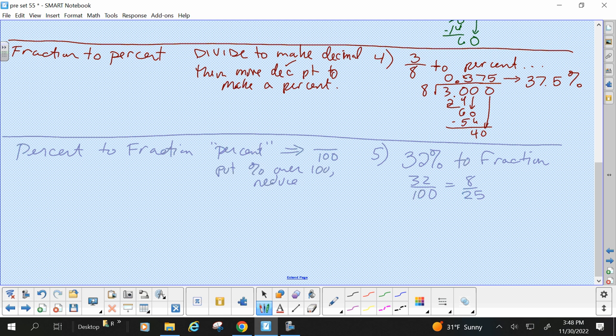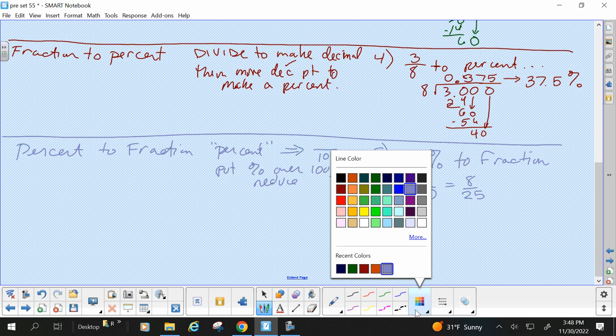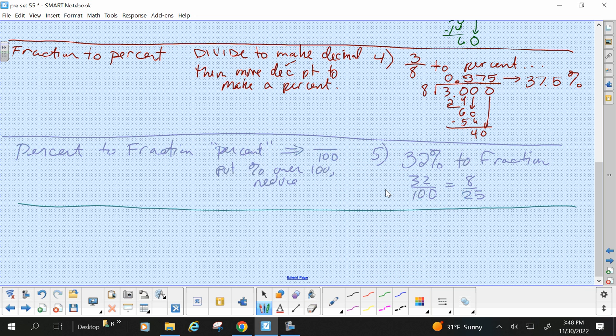All right, finally, let's go to percent to decimal. This also is super duper easy. If I say 32, let's go.